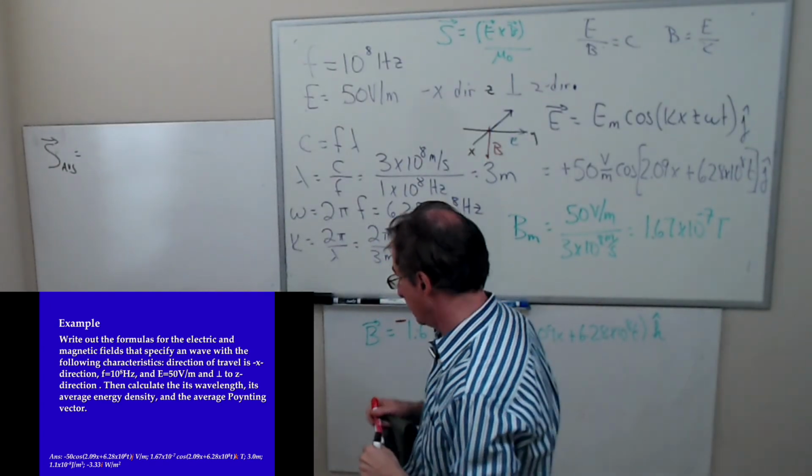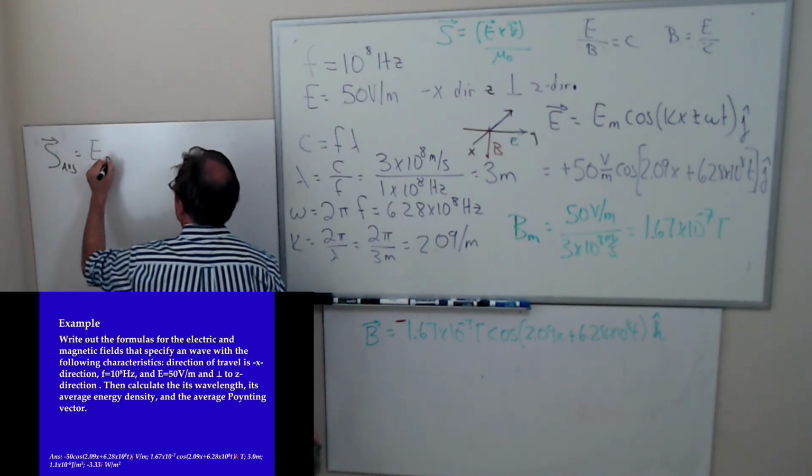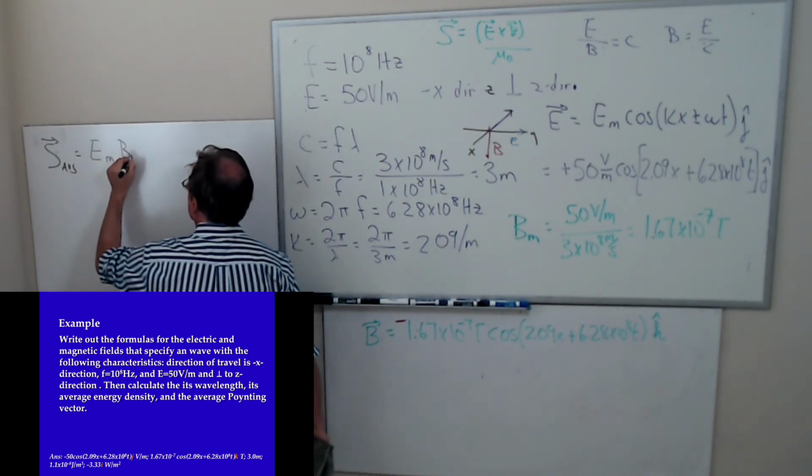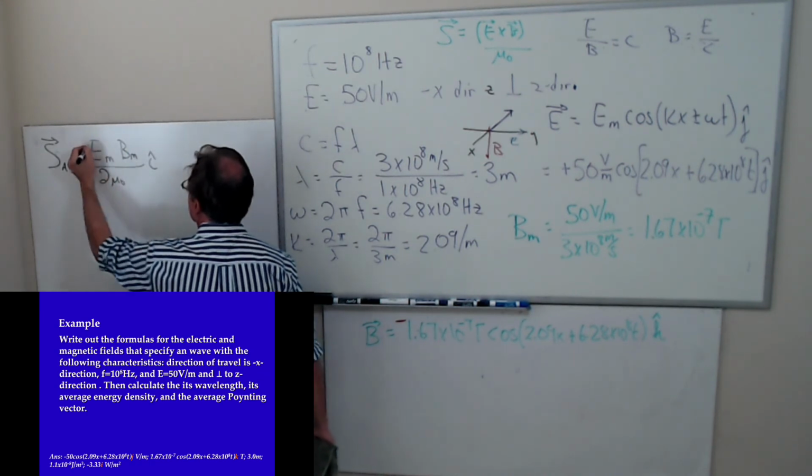S average is going to be E max, B max over 2 mu naught. And we know that it's going to be in the minus i hat direction.